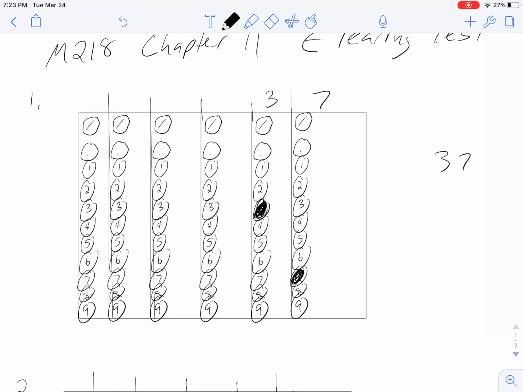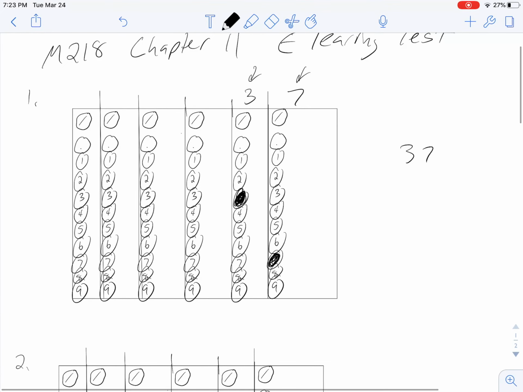Please don't be messy. Do your best to be neat and fill in the corresponding bubble. If you just put 3 and 7 up here and forget to bubble, you're going to miss the problem, because the way it's read, it needs those bubbles shaded in.